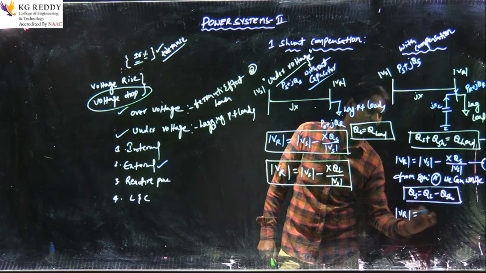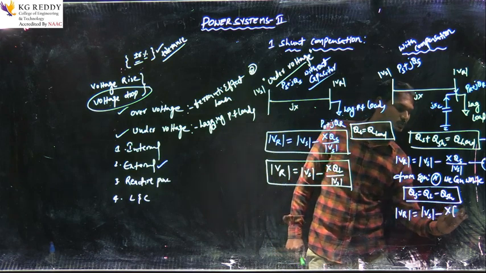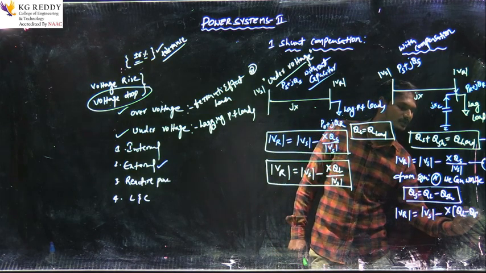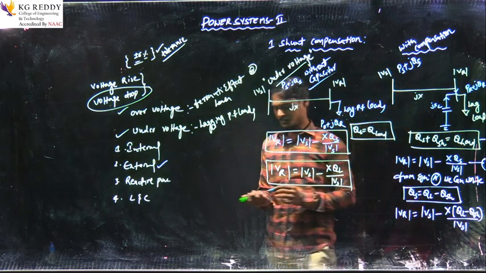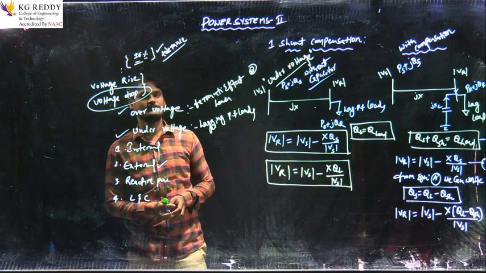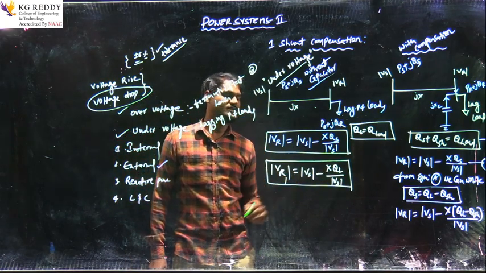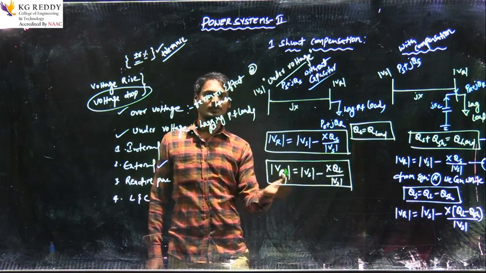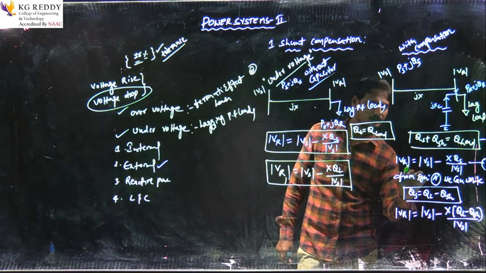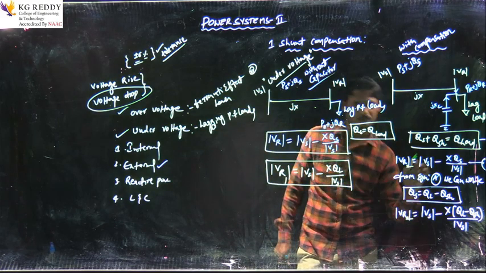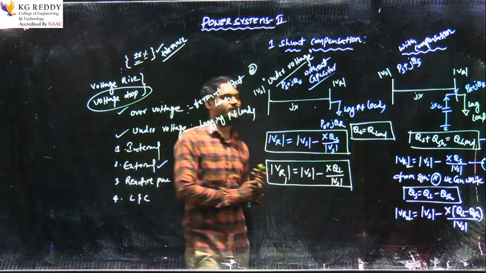VR = Vs - X (QL - QSH) / Vs. Now I am going to take one condition: without compensation the receiving end voltage is VR1, and with compensation I am going to consider the receiving end voltage VR2. Just for comparison purposes, consider these values VR1, VR2.